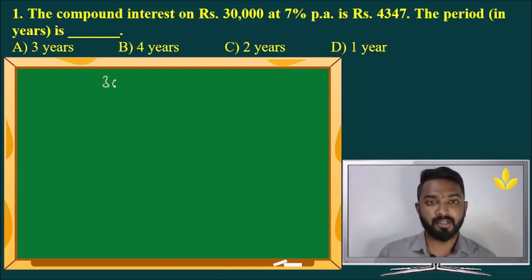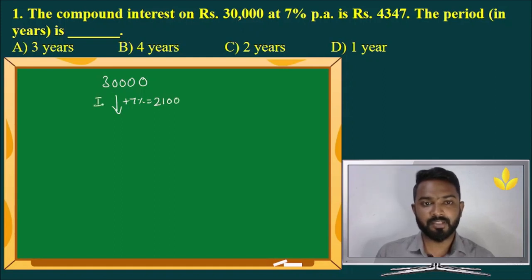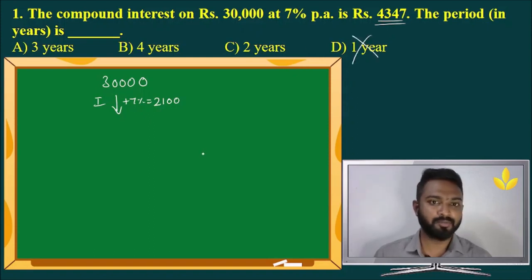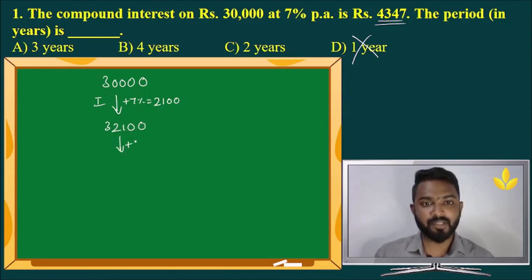We have 30,000. This first increases by 7%, that is 2100. So in the first year, the interest is 2100, which is not equal to 4347. So 1 year is the wrong answer. This gets added over here. We have 32100. Then this increases by 7%, that is equal to 2247.